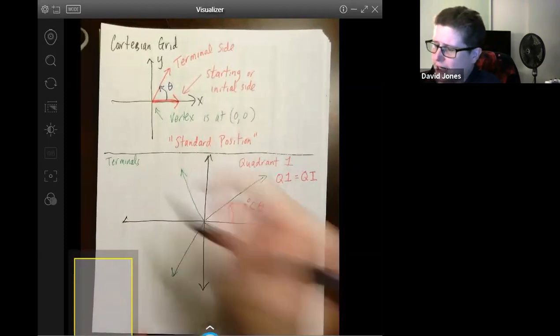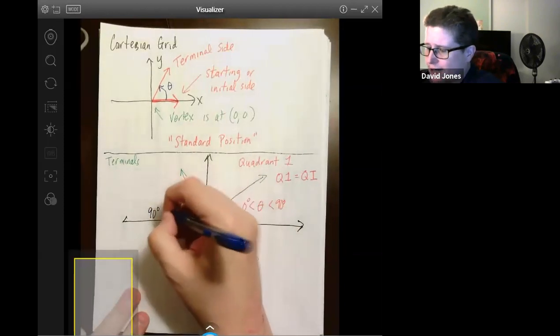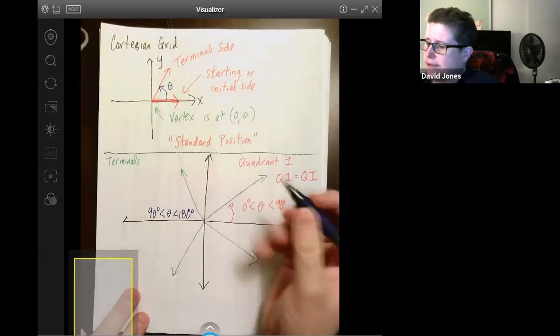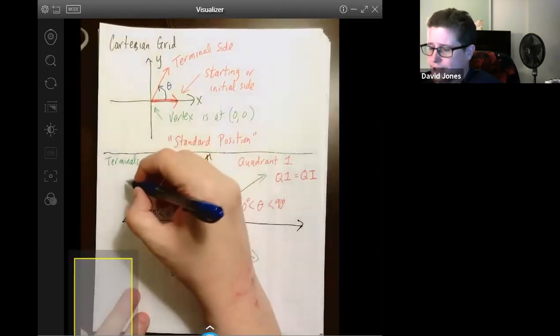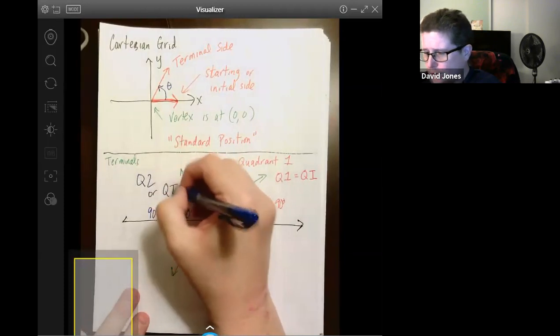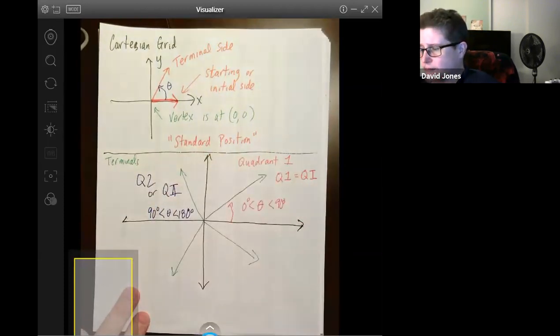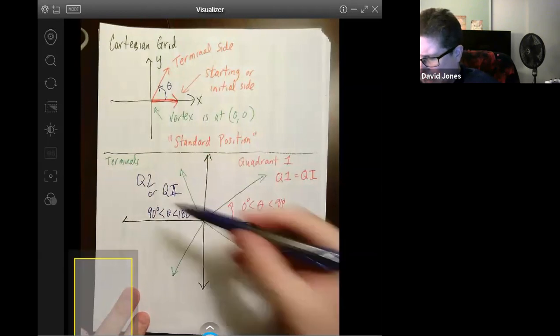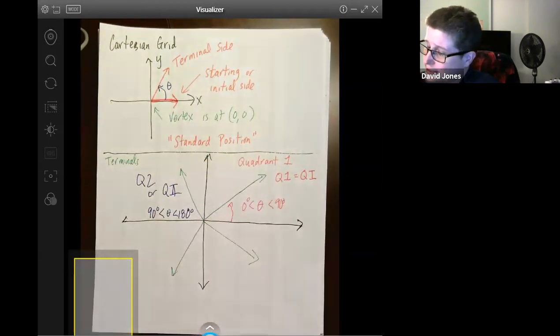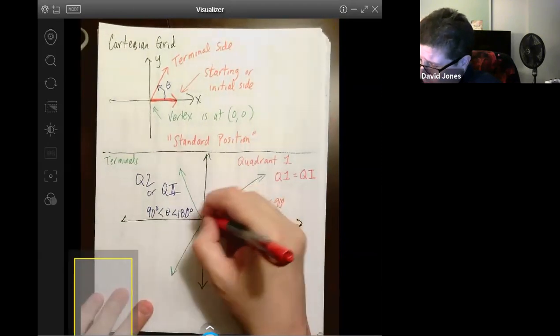If we get over here where it's between 90 degrees and 180 degrees, this is quadrant 2, or Q2. Adding 90 to each of these gets us the full lap around, all the way around here.